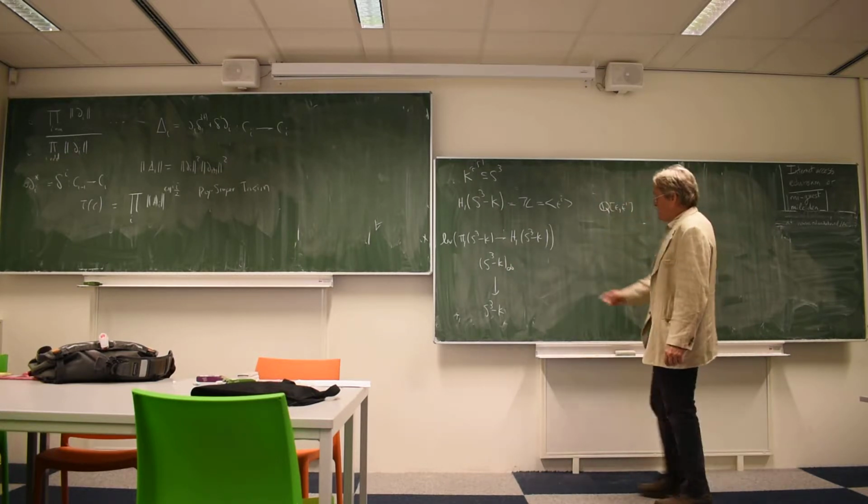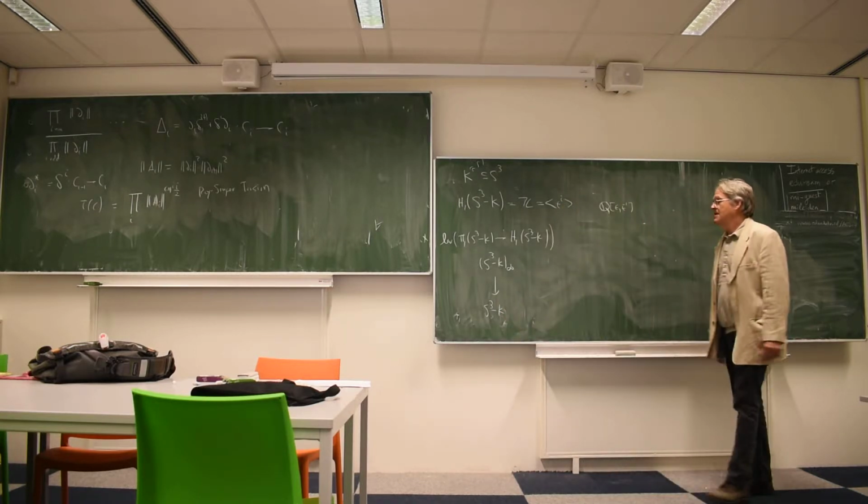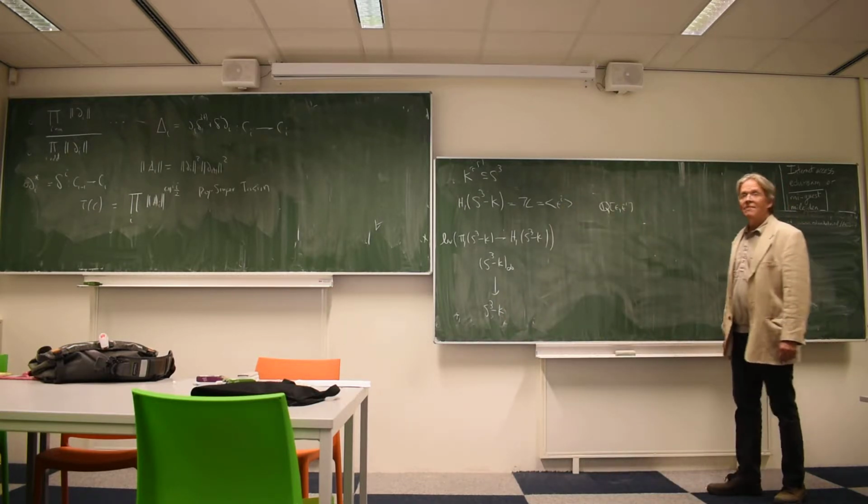Okay. So now, what I can do is I can realize that in homotopy theory, S3 minus K is a 2-complex.